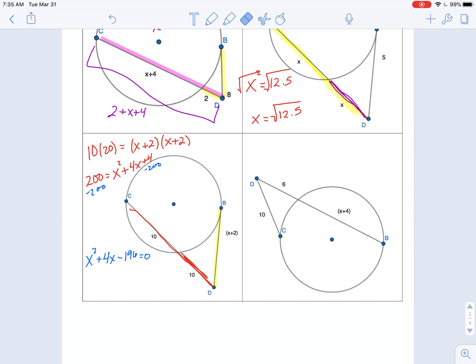So I'm left with x squared plus 4x minus 196 equals 0. And since we're factoring, we really don't need to worry about that equals 0 part. Now this is where it's going to get a little bit trickier if you don't have a calculator, a little bit time consuming, because you've got to find your factors of 196.